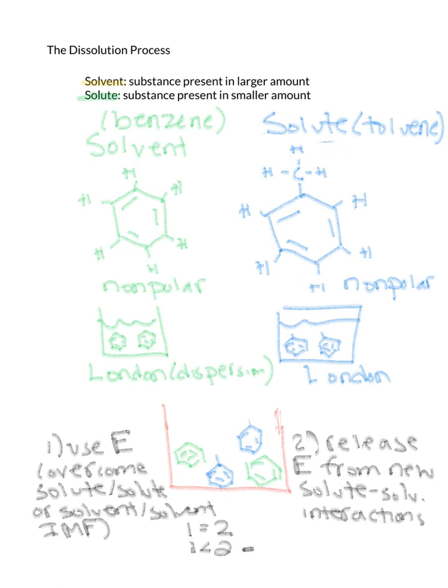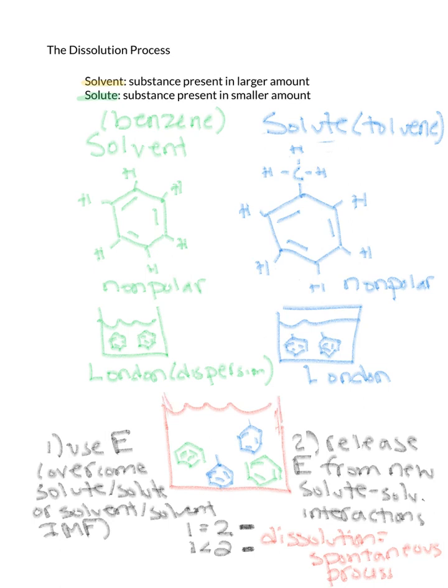I get more energy out than I put in, or I get the same amount of energy out that I put in, then we could say that dissolution is a spontaneous process. It happens without any external help.